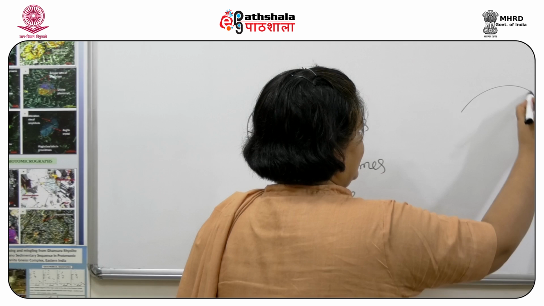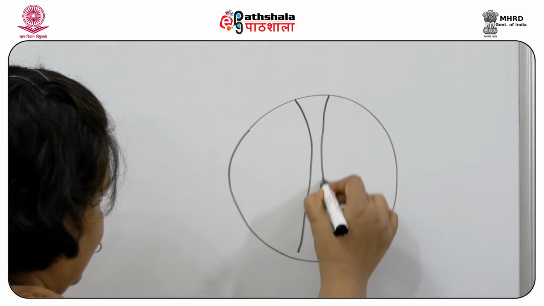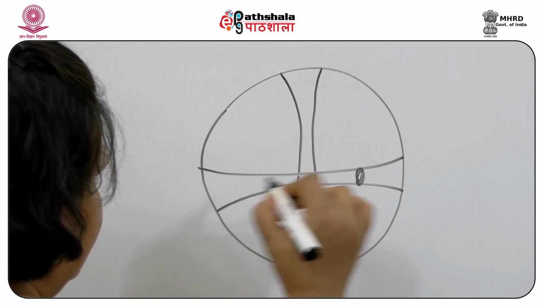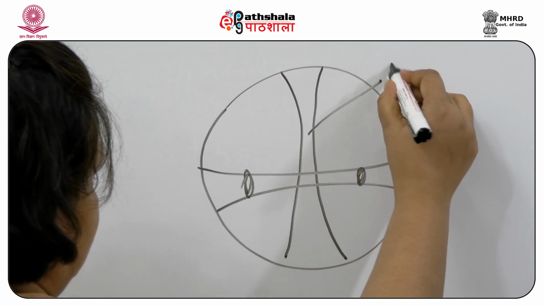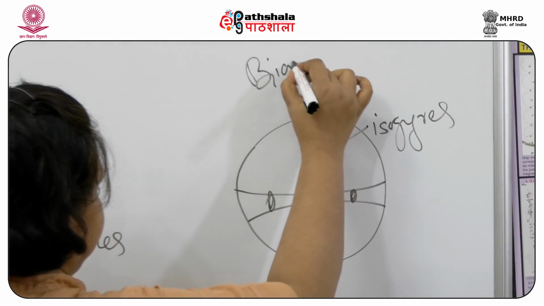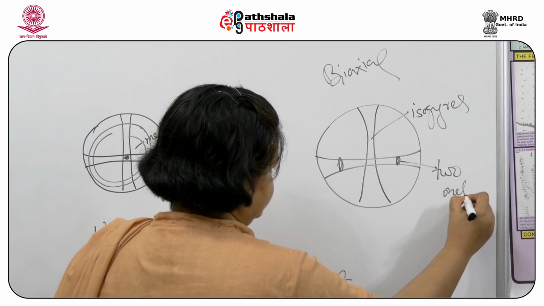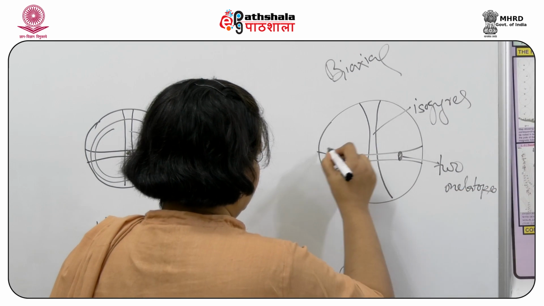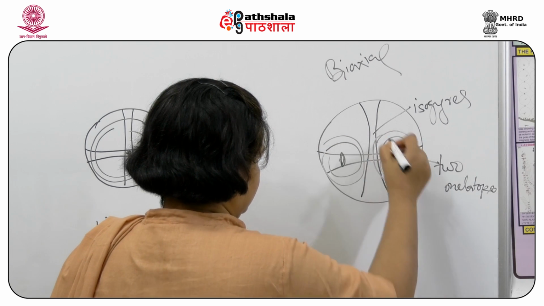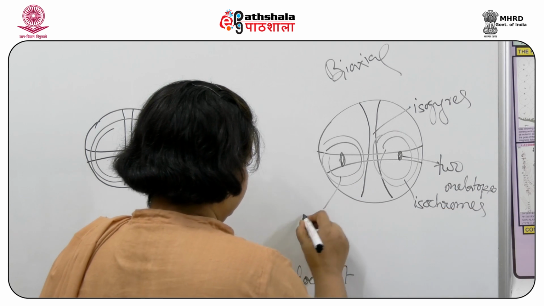But in the case of biaxial interference figures, first, the thickness of the isogyres is different, they are not constant. Then we have two melatopes. These are the two melatopes. You have concentric colored rings surrounding these melatopes, so these are isochromatic rings or isochromes.